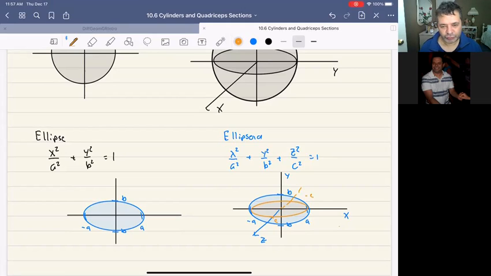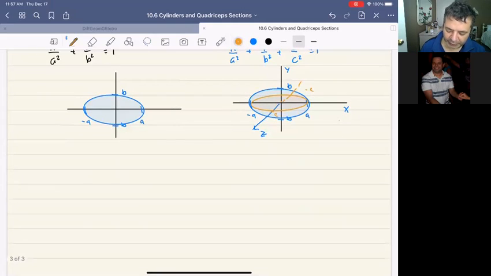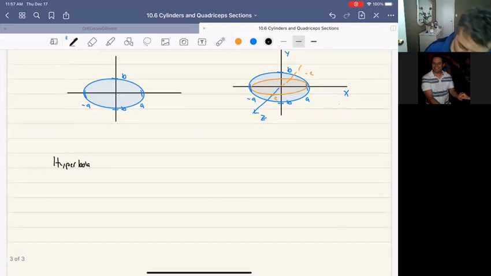Okay, no problem. All right, let's do the hyperbola and the hyperboloid. Okay, the hyperbola is x squared over a squared minus y squared over b squared equals 1.